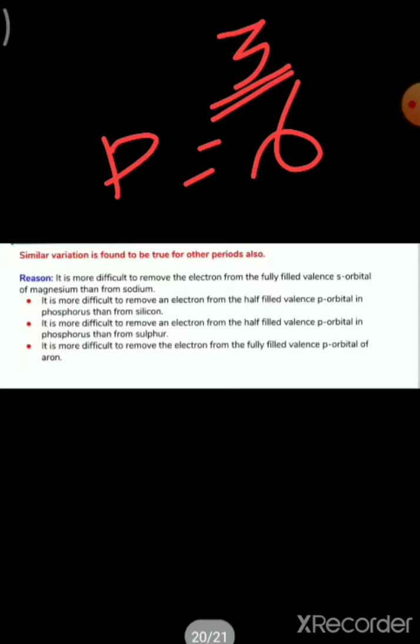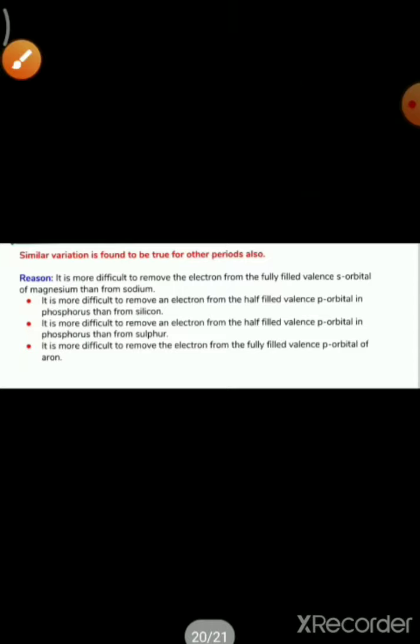That's why in case of phosphorus, the ionization potential is more. Then it is more difficult to remove an electron from the half filled valence p orbital in phosphorus than from sulfur. We understood.